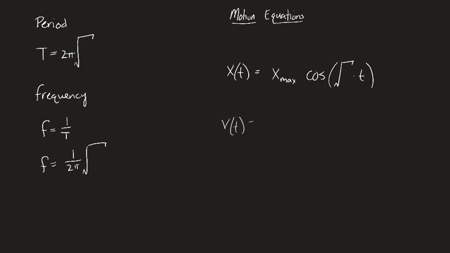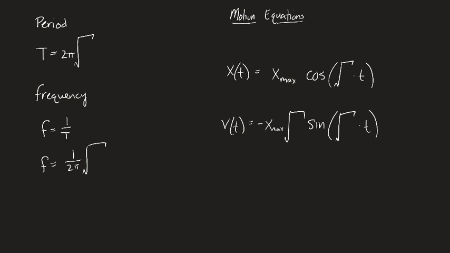And then velocity as a function of time was negative. What I put here yesterday was like v max. Do you remember that? And put sine of something under the radical times time. But if you look at your notes from the day before and just our notes from yesterday, we know that v max is x max times something under the radical.